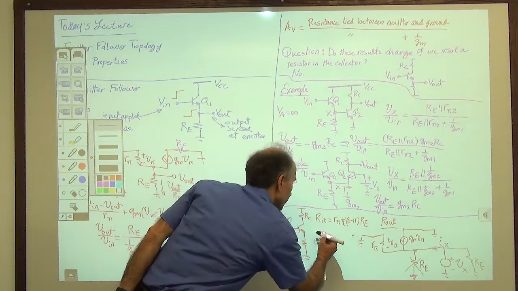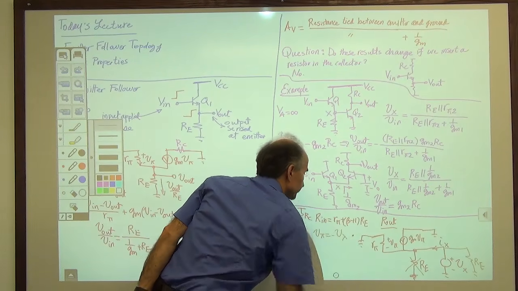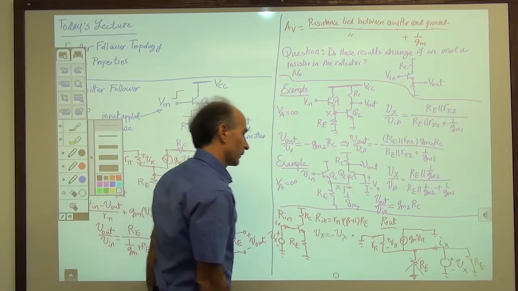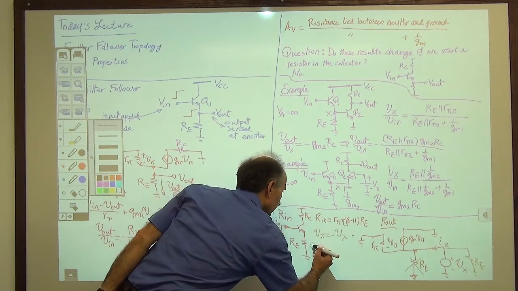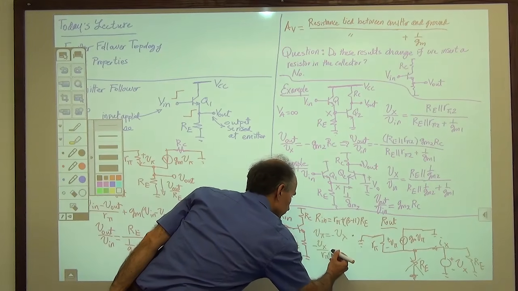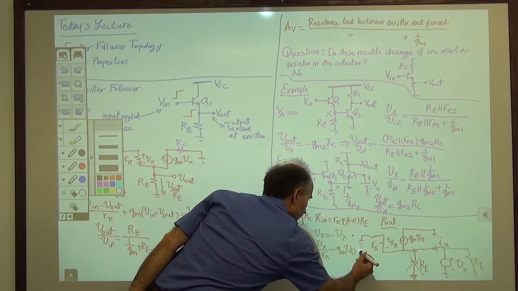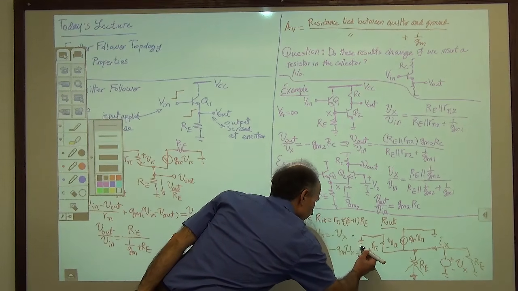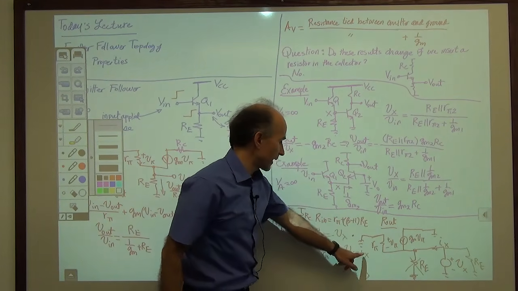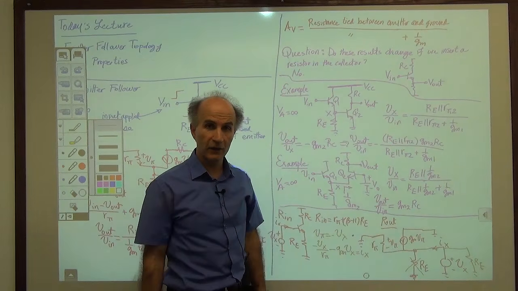Then, if I write a KCL, I have minus Vx over R pi minus gm Vx equals Ix. And again, remember, this Ix is calculated without the resistor RE considered yet.